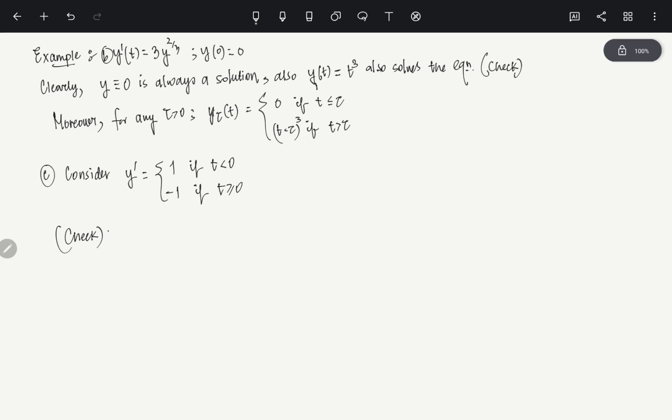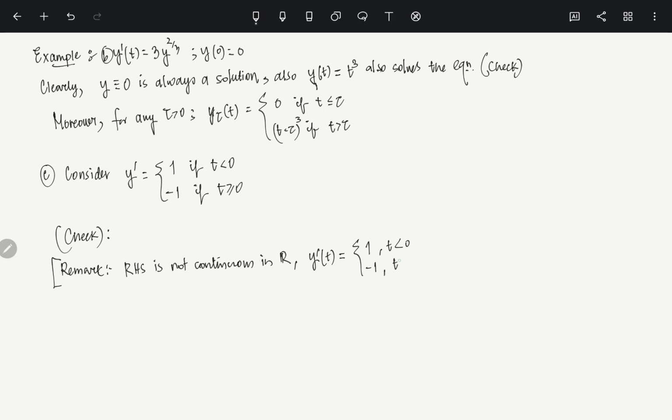Remark: the right hand side is not continuous. It is a valid function of course, but it is not continuous on R. If there is a solution, then y'(t) has to equal 1 for t negative and minus 1 for t greater than or equal to 0.